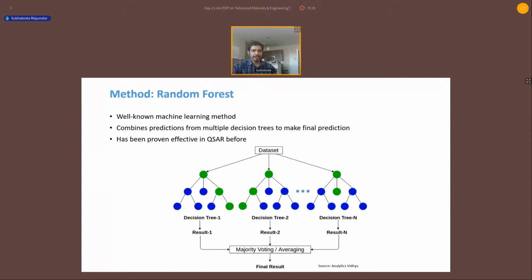You average them if the activity is continuous, but since the activity is 0-1 here, we do majority voting. Majority voting is just a fancy term for saying whoever has the most votes wins. So in that case, 1 wins because trees 1 and 3 said that the result is 1. So the final result is taken as 1.